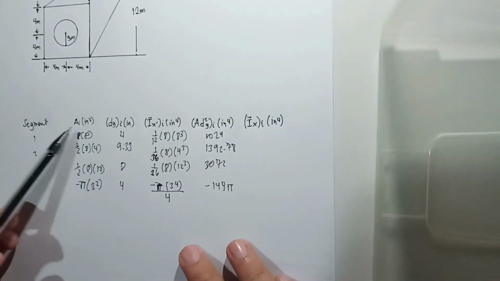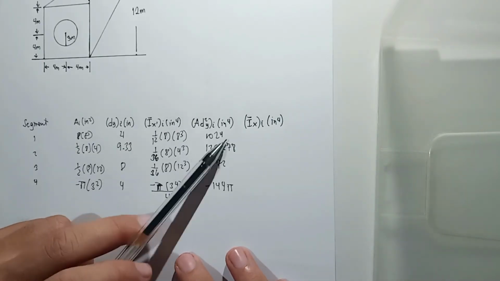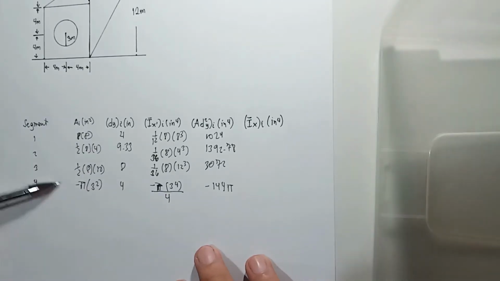So we found the area, the distance, the centroidal x-axis moment, and the area times d squared of every segment we have.